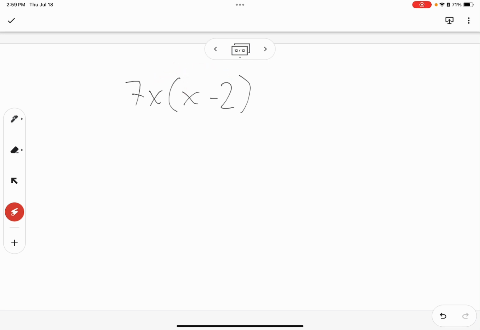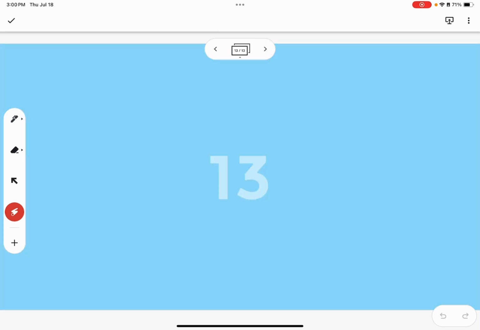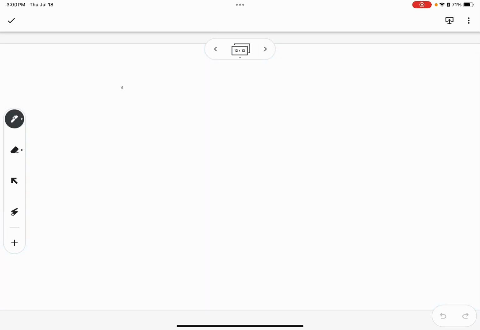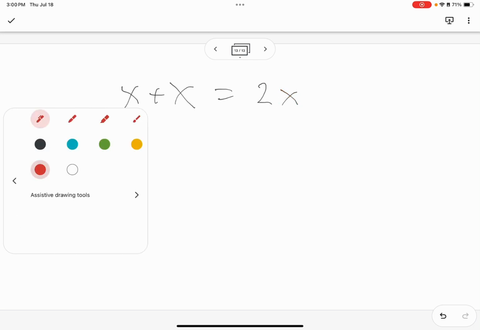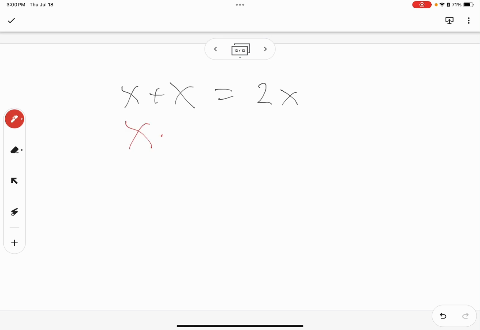So if you remember, when you have x plus x, that equals 2x because you've got 2 of them, okay? You've got 2 x's, so your coefficient becomes 2, and you got 2x. But when you have x multiplied by x, that equals x to the second power.